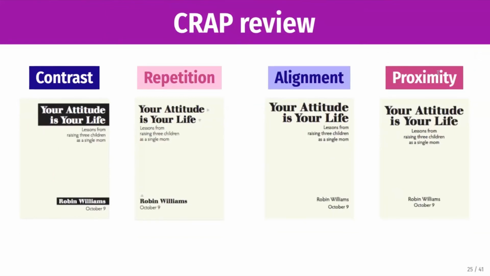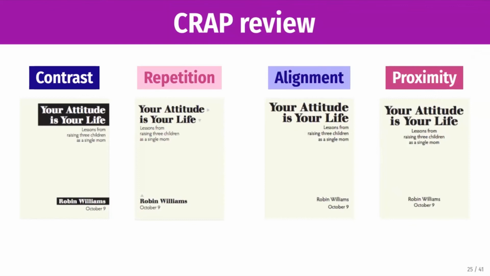Is there good, strong alignment? Is there contrast in the alignment? And is there proximity? Are things grouped the way they should be? If you just go through this checklist with contrast, repetition, alignment, proximity, you can improve all sorts of graphic design things, not just the graphs that we're going to be talking about today, but anything that you make from now on. Just go through that checklist, CRAP, and you can make very well-designed things in the future.